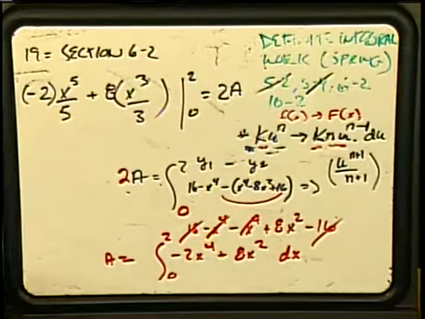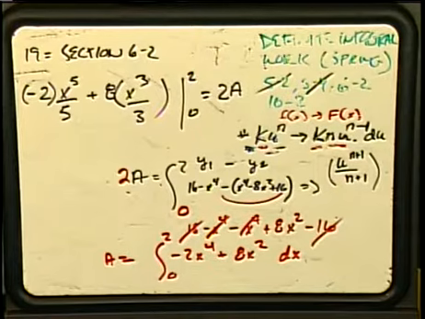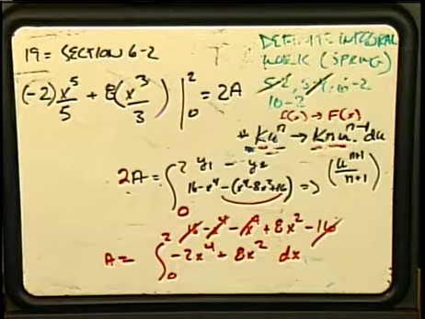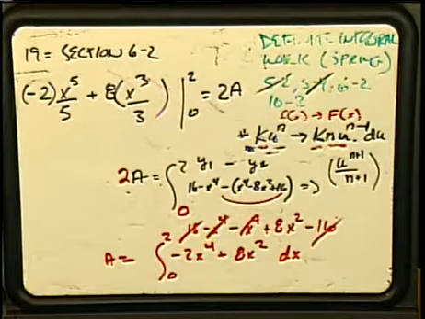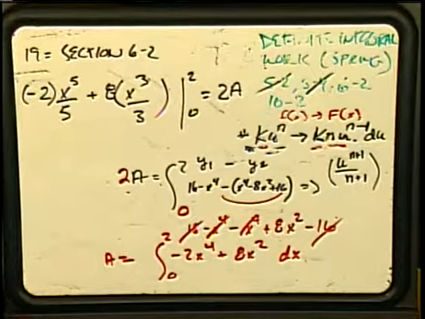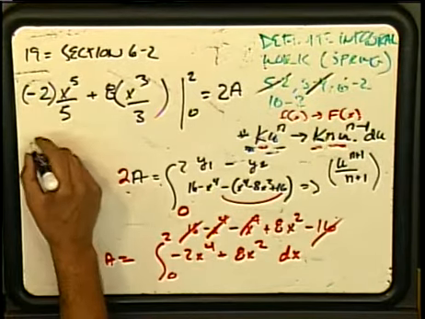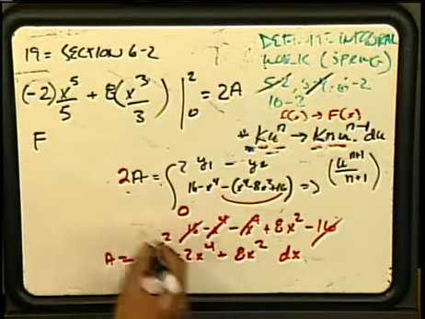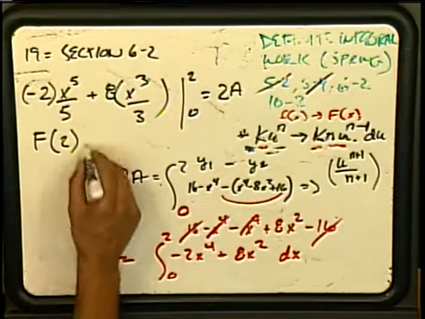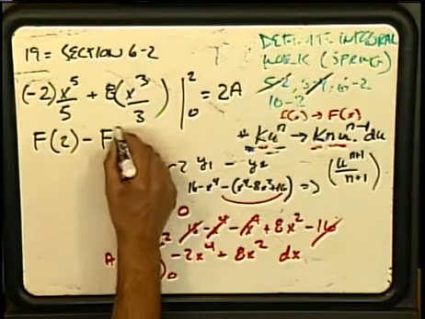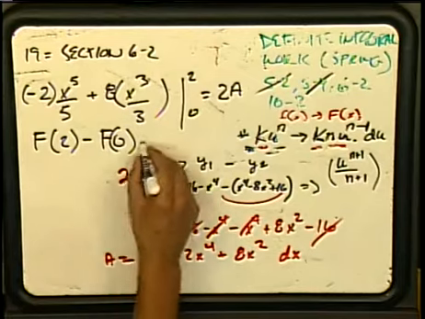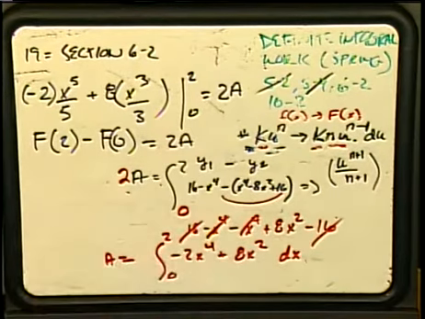So what did the book answer come up to? What did they answer? 256 over 15. I may have done something wrong, but I got 24 over 15. Okay, so after this, it's f of 2 minus f of 0 equals 2a. Did you multiply by 2?